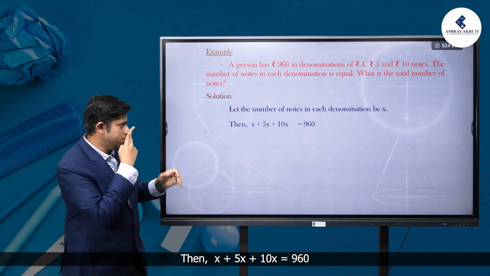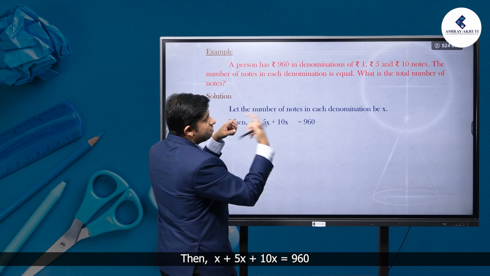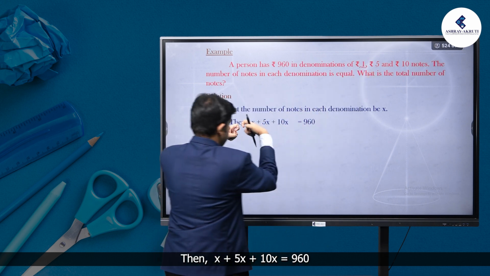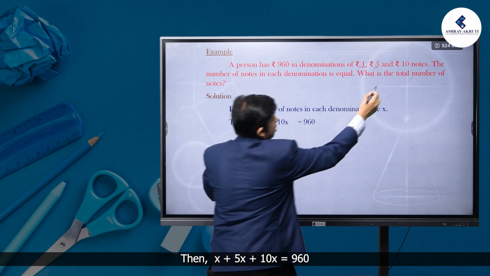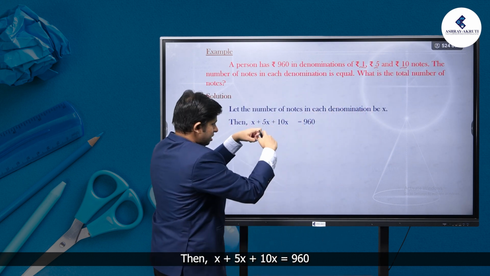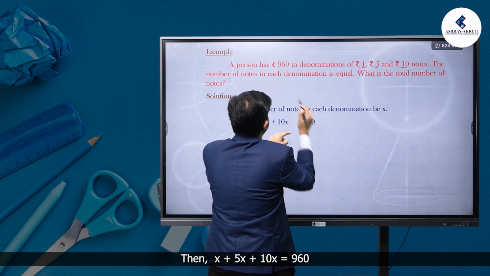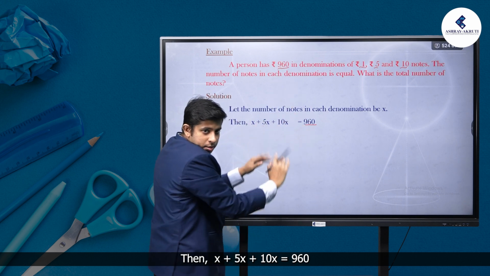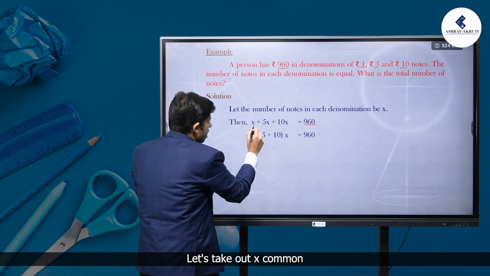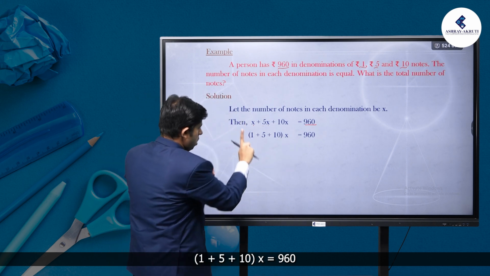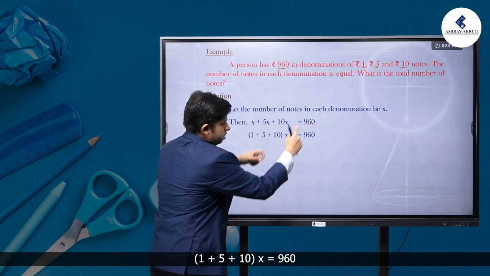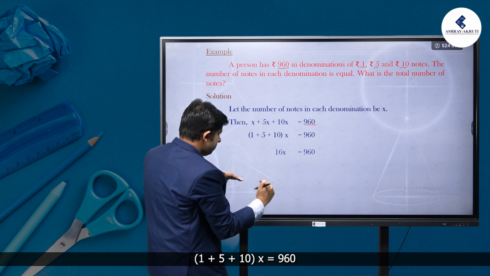Then x plus 5x plus 10x is equal to 960. Let's take out x common. 1 plus 5 plus 10 of x is equal to 960.